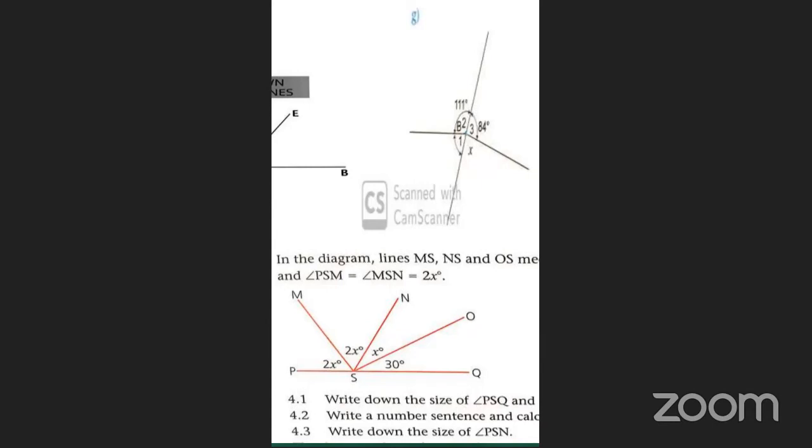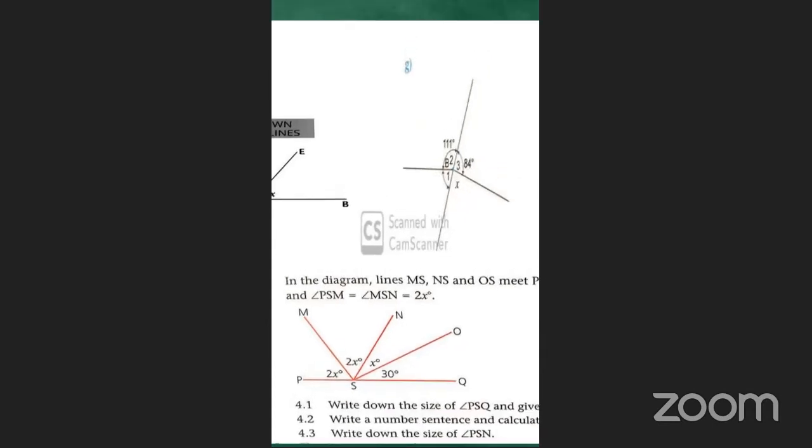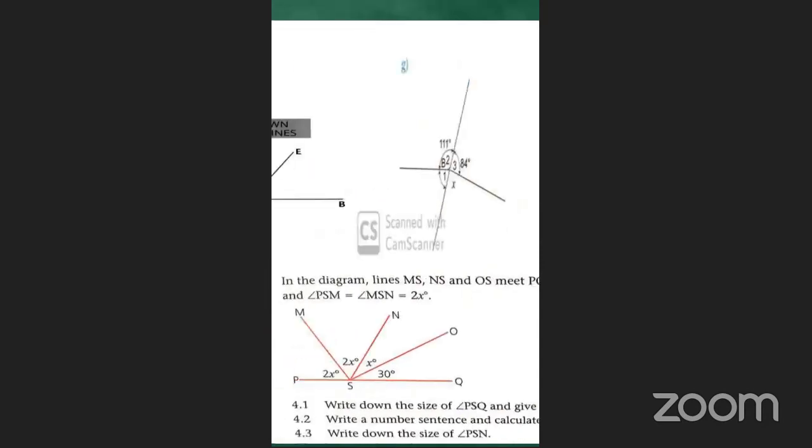Now they say write the number sentence and calculate the value for X. So what is a number sentence basically? Our number sentence is our equation. You must write the equation before you can answer the questions. When we write our equations, obviously we write what we see.